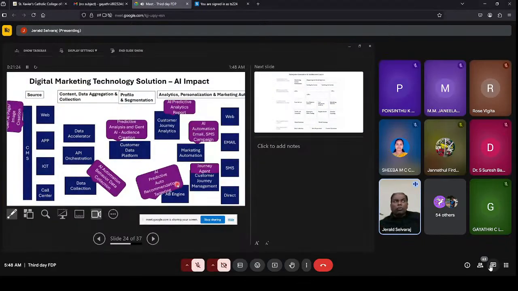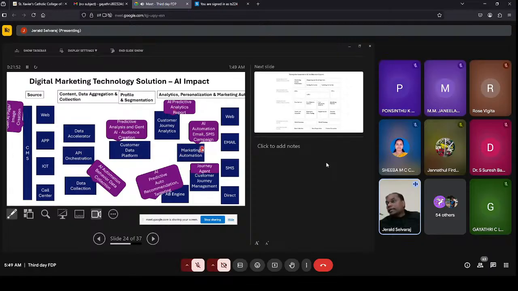Okay, so now quickly you can see wherever I highlighted Gen AI, using Gen AI it helps you to create a page automatically. Using predictive analysis and Gen AI, it can create the audience automatically, apply the insight and give the intelligent analytics report.